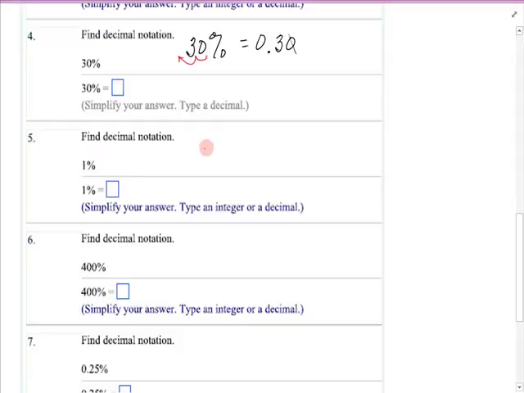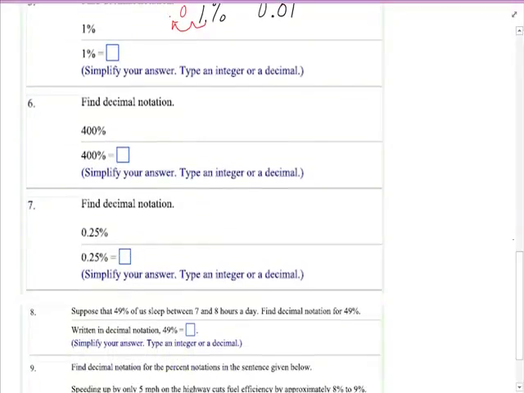All right, 1%. Pick up the decimal point, move it 2, you're going to have to add in a 0. So that is 0.01 is the decimal number. Once again, you could have a 0 in front of it.